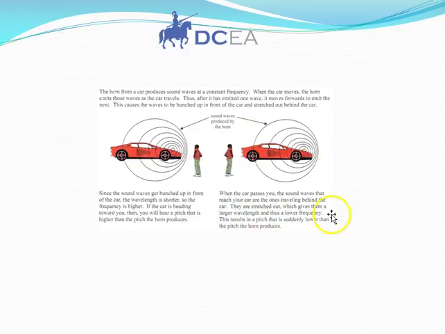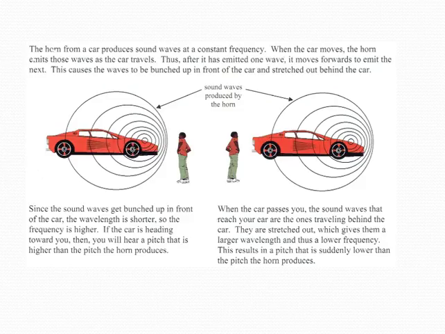In your text was this picture. I'm going to zoom in a little. And it shows a car, and here you are standing. The horn from a car produces sound waves at a constant frequency. But when the car moves, the horn emits those waves as the car travels.